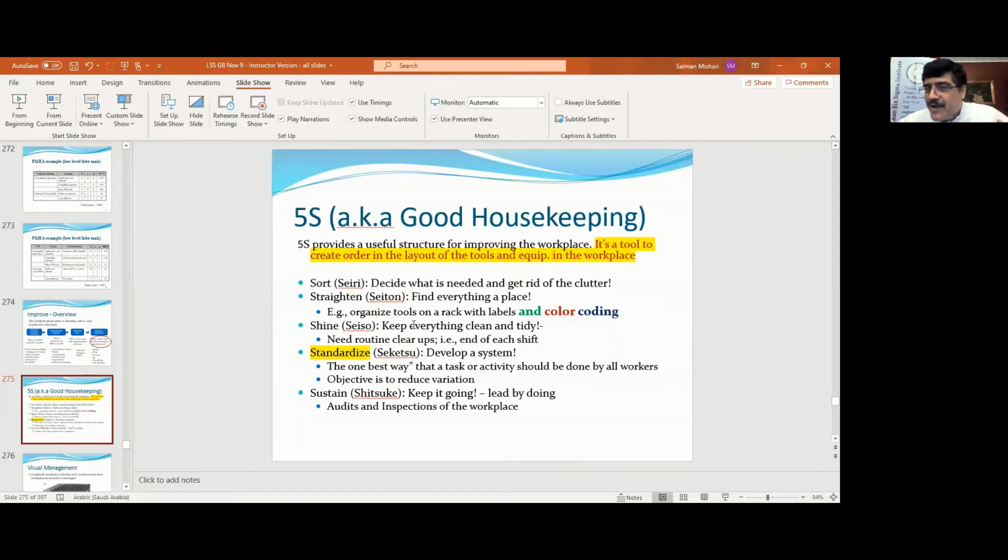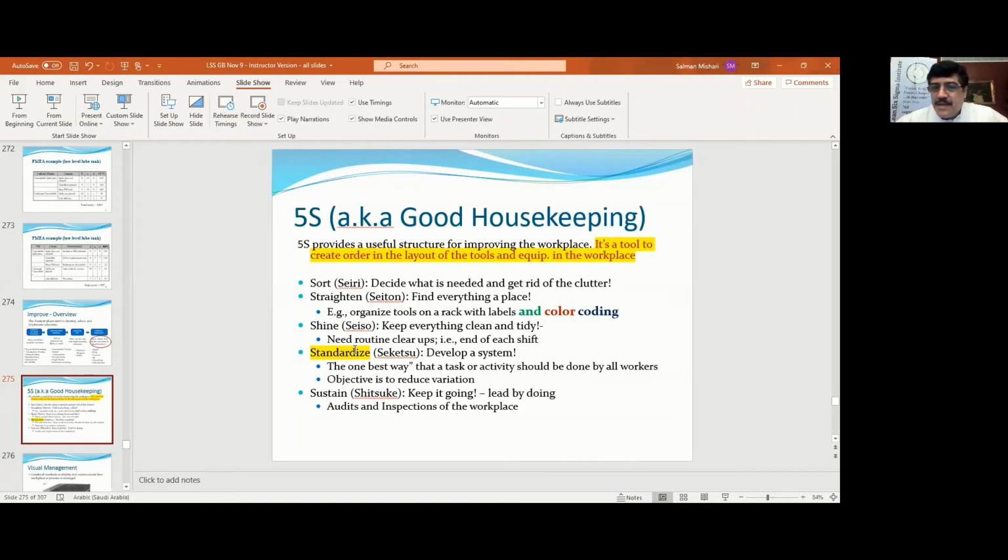Can you see? You come to a room and you say, where is that thing? I don't see it. So it is telling you that it's not there. And this is what they do sometimes in plants. Like the hammer, they hang it in a place where everybody sees it every day. If it's missing, then they say, oh, where is the hammer? We don't see it. So this is what shine means.